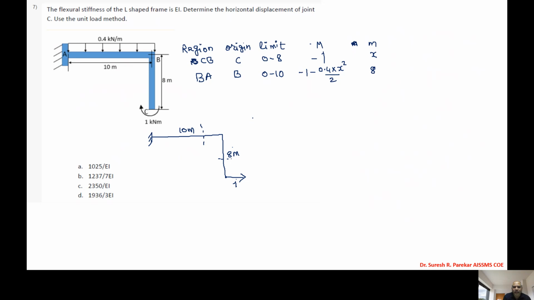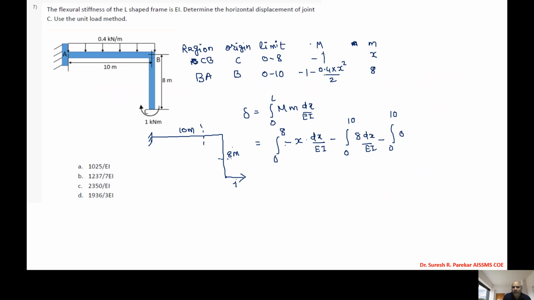Now from this we will get delta equal to the integration of m into m dx upon EI, that is 0 to L. And now we will go for this. So we have 0 to 8 minus x into dx upon EI. Now I will separate out this term here only. 0 to 10, 8 into dx upon EI, minus 0 to 10, 0.4 into x square by 2 into 8.